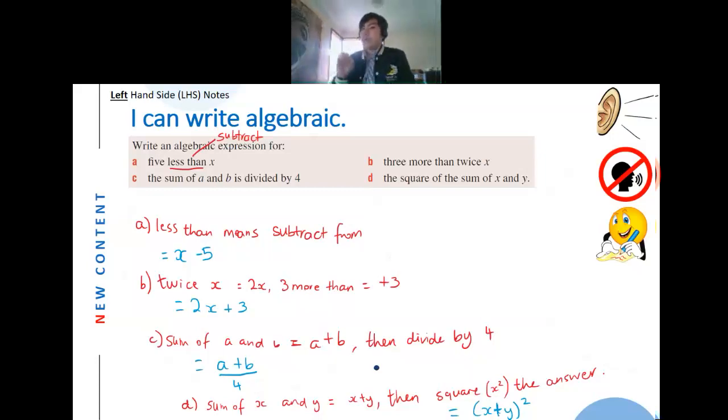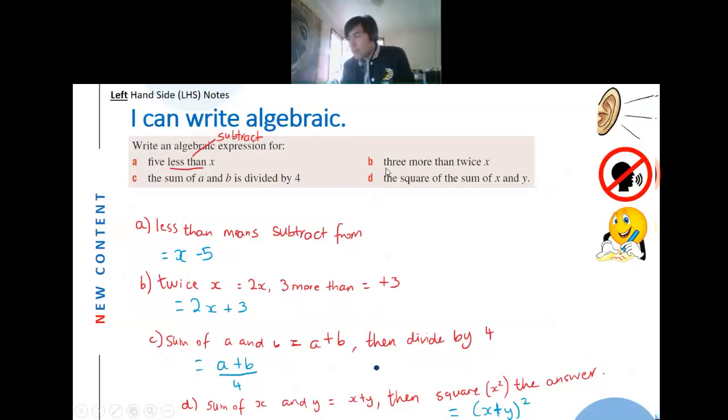So we have a number x, okay, and we are looking for something that is 5 less than that number. So we're starting from x, and then we subtract 5 from it, okay? So less than means subtract from. So 5 subtract from x. So in other words, x minus 5.